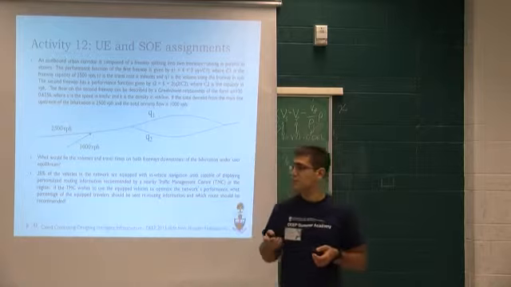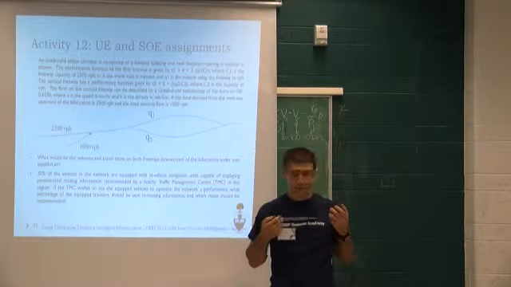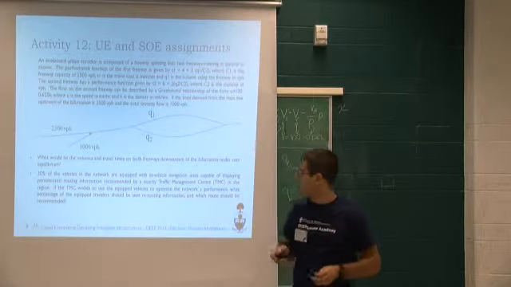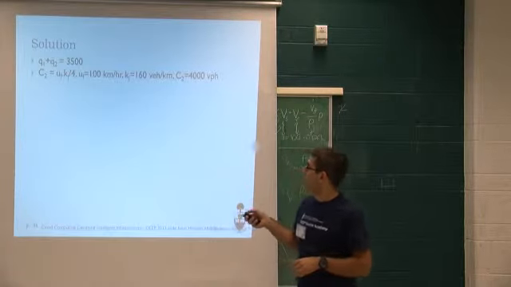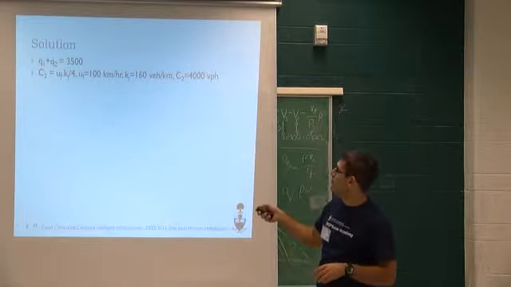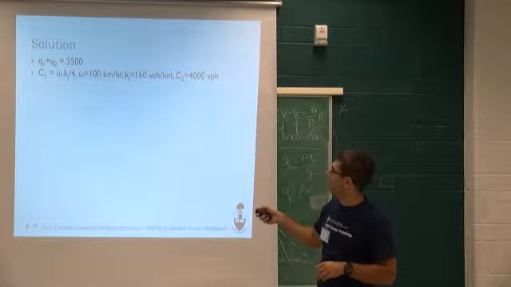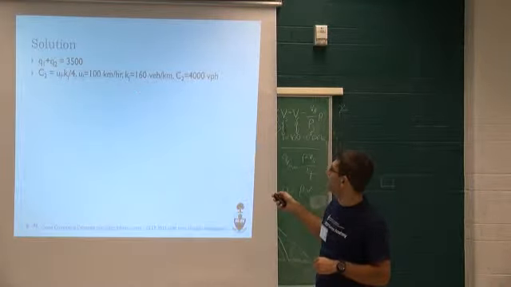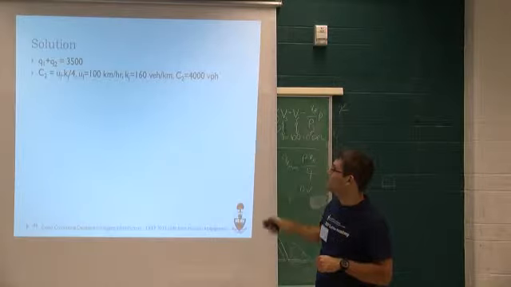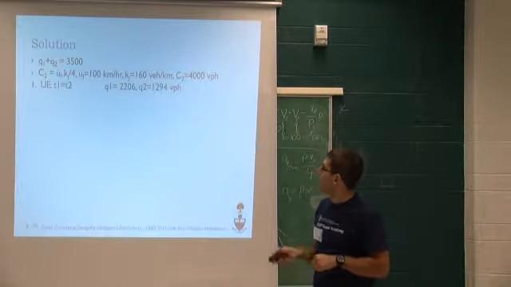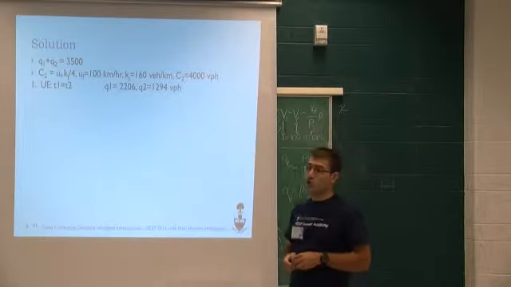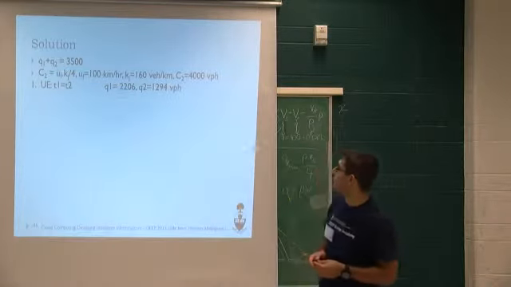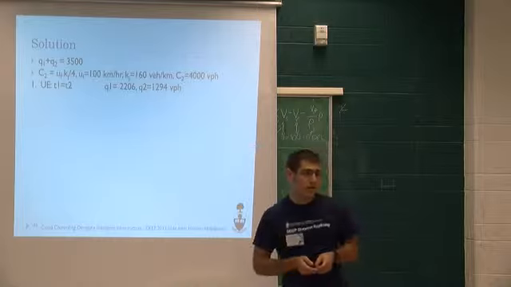Okay, so based on the density volume curve, we calculate C2 in that way, and basically C2 equal Vf times rho j over 4, and it ends up being 4,000 vehicles per hour. We equate T1 equal to T2, and we end up getting Q1 equal 2206 and Q2 equal 1294 vehicles per hour.